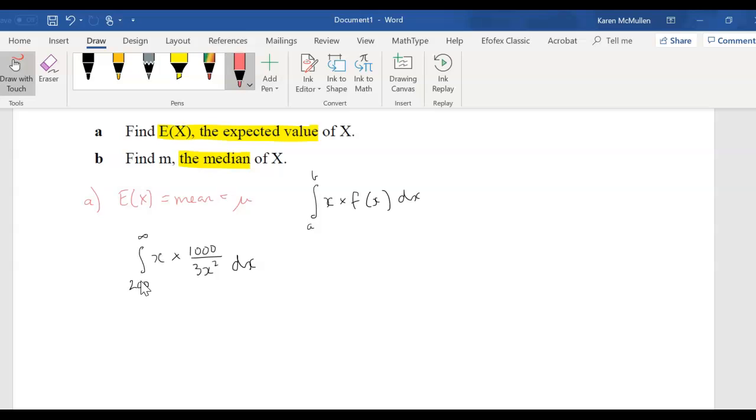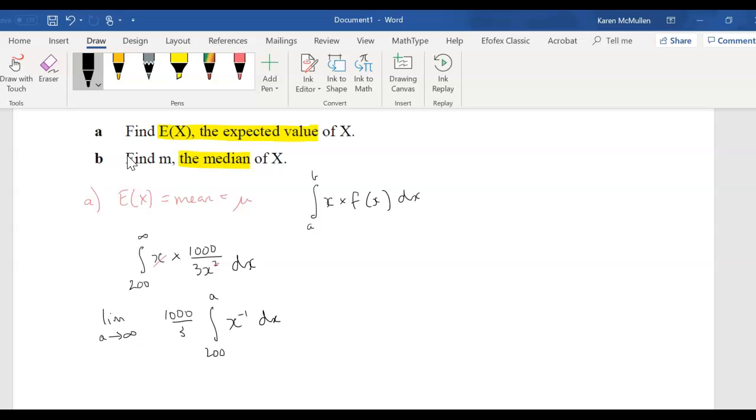This x will cancel out with one of these x's. With the infinity, I'm going to introduce the limit, so as a approaches infinity, and I'm going to take 1000 over 3 out as a common factor, and then we're going from 200 to a. Then I'm only left with 1 on x, which is the same as x to the power of -1.